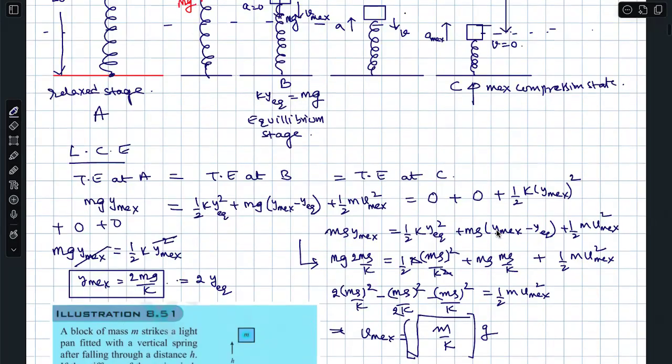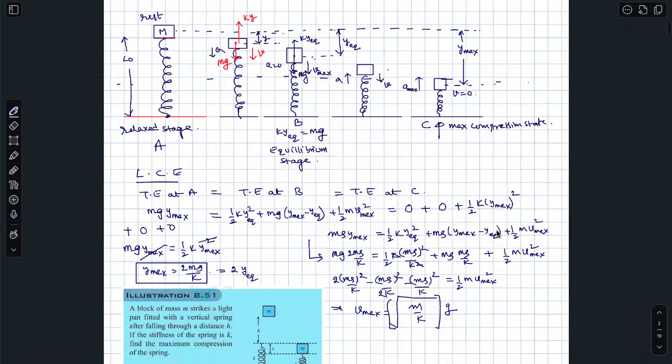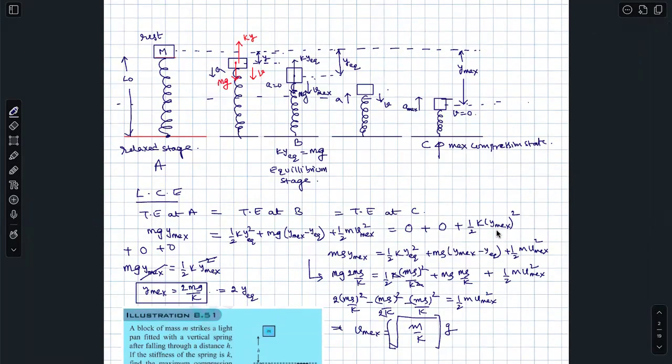So this is the fundamental approach of a vertical spring. You can repeat the same even for a suspension type situation also. Everything is the same in case of this type of arrangement also.